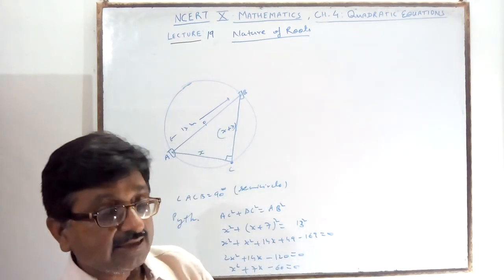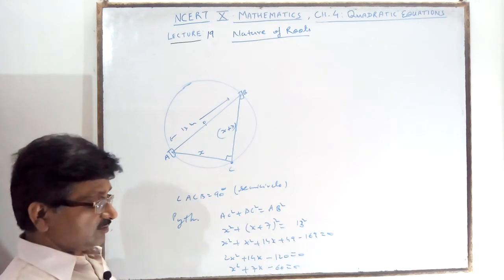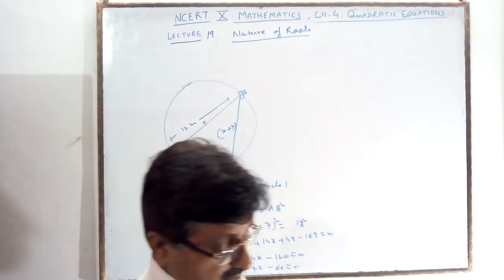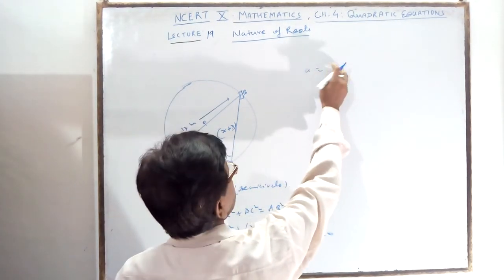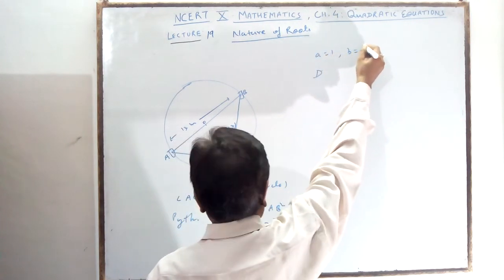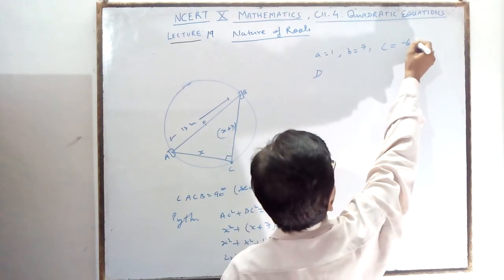Now you get x square plus 7x minus 60 is equal to 0. So apply the discriminant. First you find D. What is A? A is equal to 1, B is equal to 7, C is equal to minus 60.